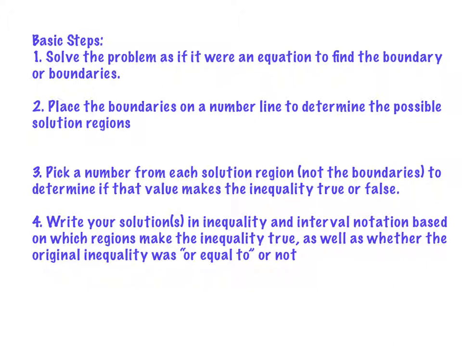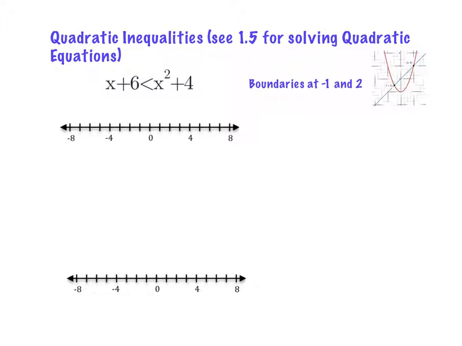And there's some variations depending on the type of nonlinear. We're going to be dealing with solving the problem as though it were an equation. Quadratics, that was from section 1.5. So for the proficiency level problem, I am going to be giving you the boundaries. What I mean by that is I'm going to treat it as though that equation has already been solved.